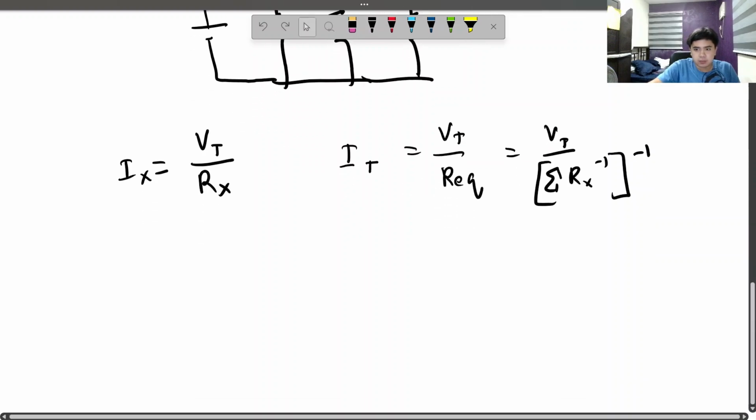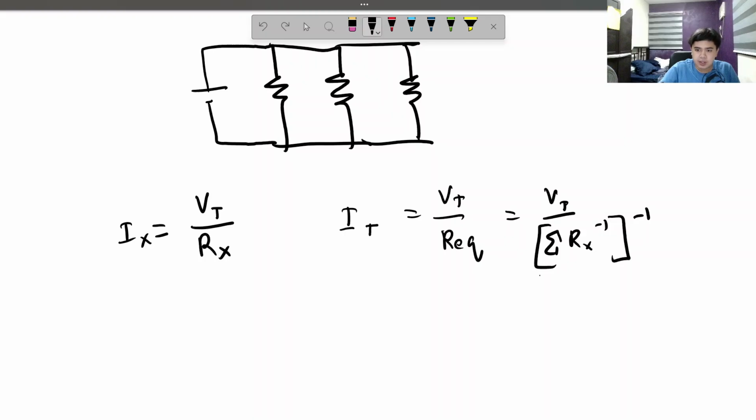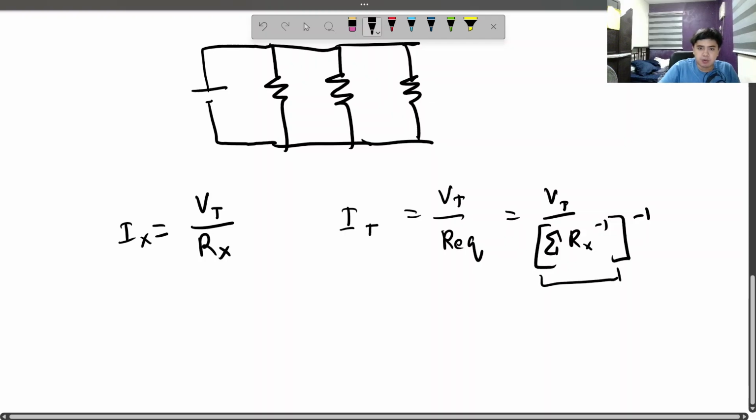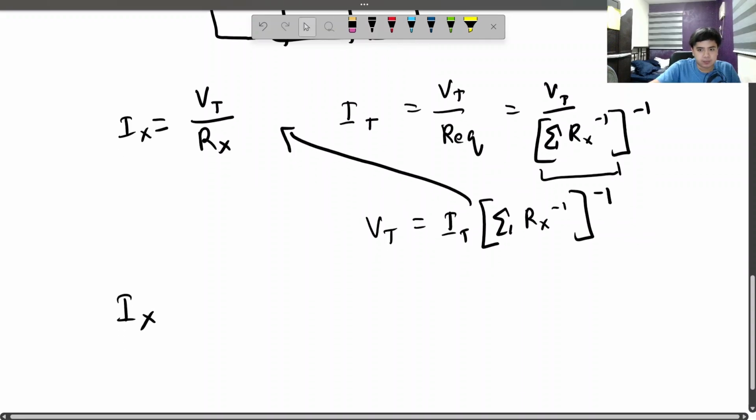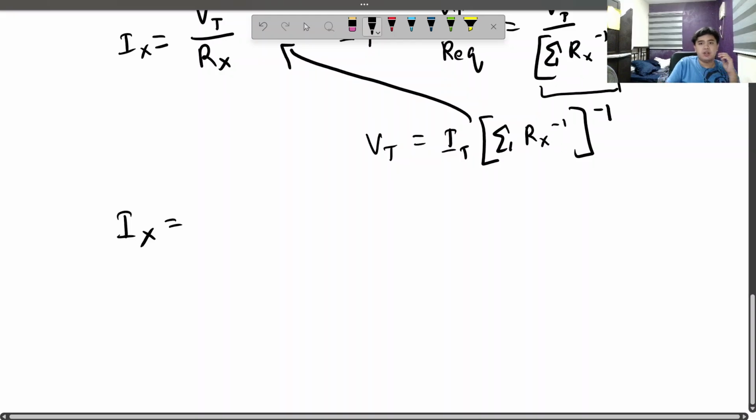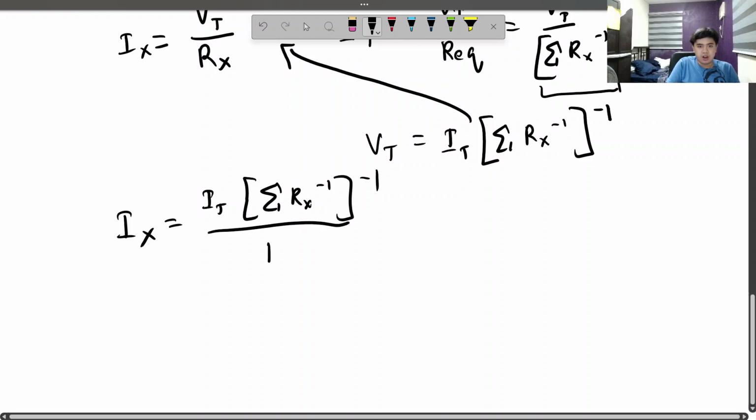How do we do that? Well, we multiply this thing on both sides to remove it. Just put it to the other side. So V_T equals I_T times the sum of R_x to the negative 1 to the negative 1. And we now have V_T, therefore we can place this here. So I_x equals V_T, which is this, I_T times the sum of R_x to the negative 1 to the negative 1, over R_x.